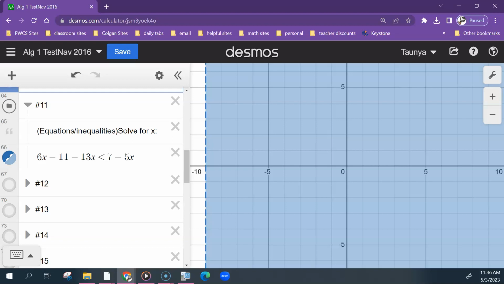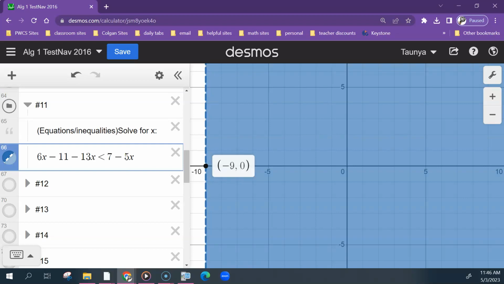It's shaded to the right, everything above this number, so it has to be greater than whatever. And then look and see where does it cross the x-axis. So in that box, you would type in x is greater than -9. So as long as you know how to read this answer, you can use desmos to solve it.